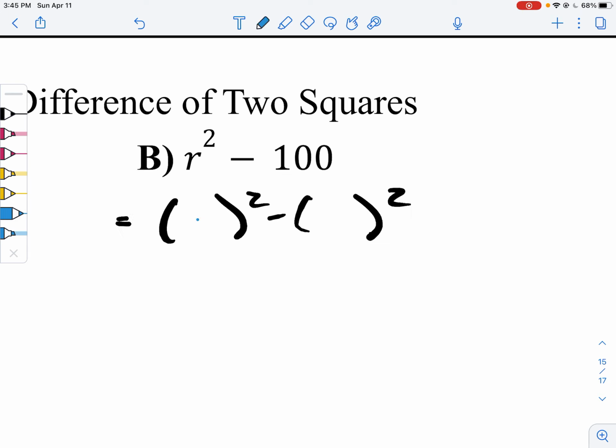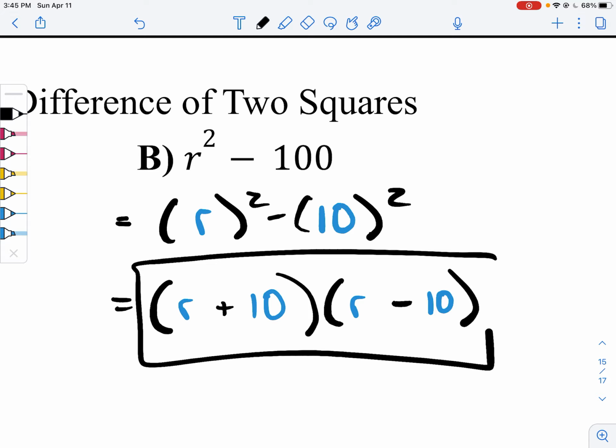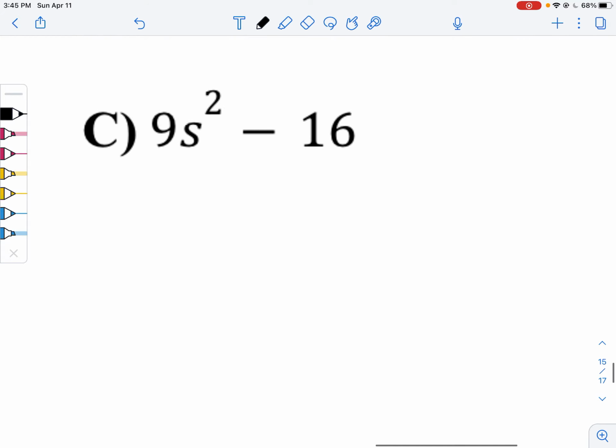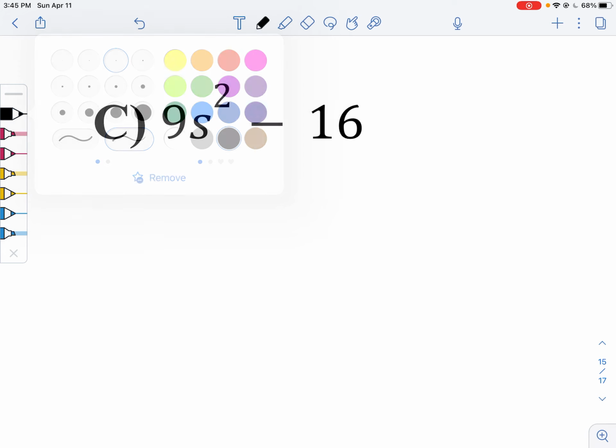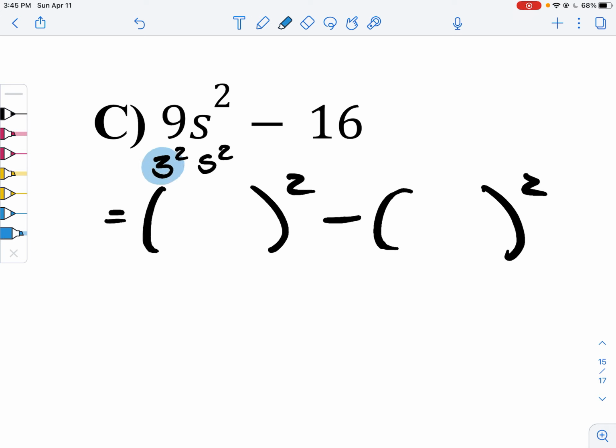Okay, this is the same thing as r squared minus 10 squared. And that fits our perfect square pattern, which is a plus minus guy of r plus 10, r minus 10. That's it. That's as far as we can factor. Ooh, look, a funky square. Okay, we just got to figure out what is this squared and what is that squared. Well, 9s squared is the same thing as 3 squared times s squared.